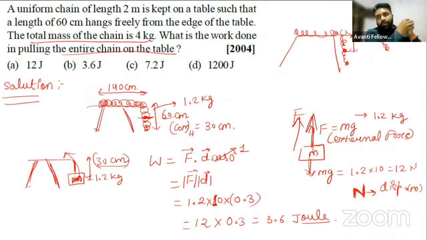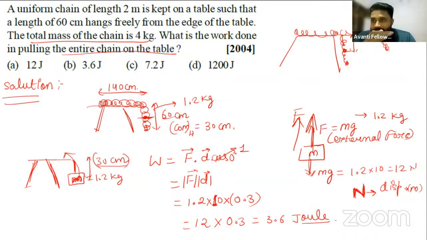Got it? Because in Newton's laws of motion and in physics, a uniform mass body can be taken as a point mass. The concept of point mass is there in Newton's law of gravitation also, and in Newton's laws of motion, F equals ma is only applicable for point masses.